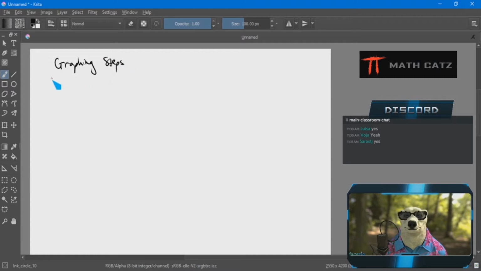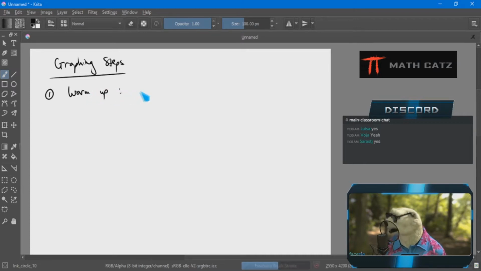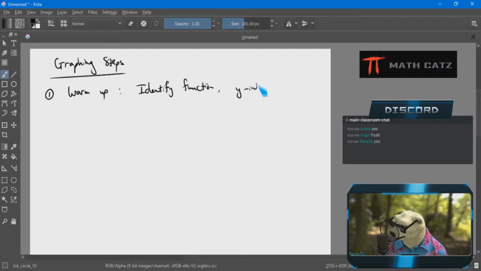Well, I prefer to know where I am in the grand scheme of things. We have our warm-up, where I just identify the function if I can and find the y-intercept. It's always nice to make some progress.